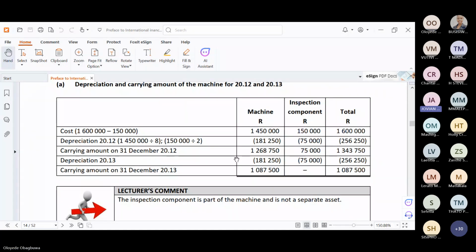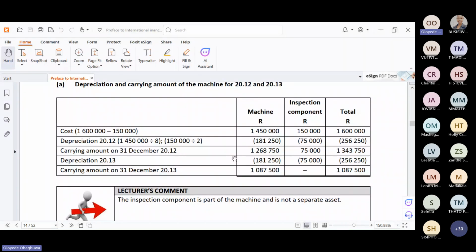Okay. Just a quick question. So 150,000 was inspection, and it was divided over 2 years, for 2012 and for 2013. The question stated that every 2 years inspection has to be done. So if that's with 2014 as well, with another 75,000 decrease from the machine value, apart from the 181,250 depreciation. Jovian, come again. You said the special cost has been depreciated.